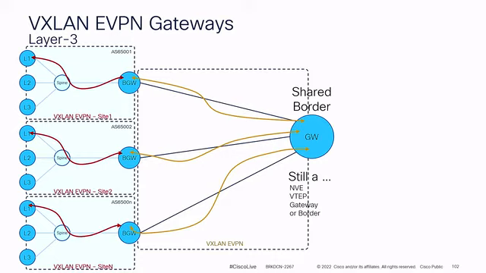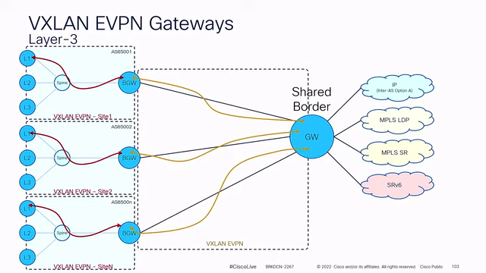What the heck? I'm still not in the external world. I'm just in a different encap now. Can you give me the exit? And yeah, I can give you the exit further out, right? So you connect to that shared border, your inter-AS option A, your MPLS LDP, MPLS SR, or your SRv6 or whatever you want, because that gateway can do all of it.